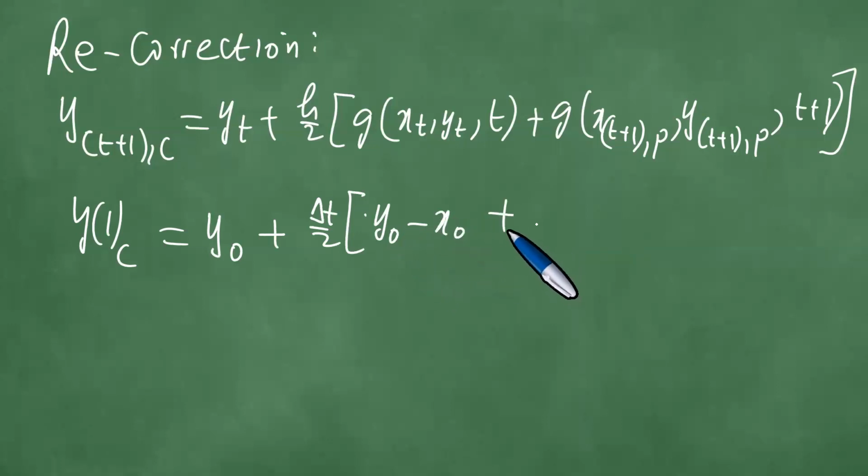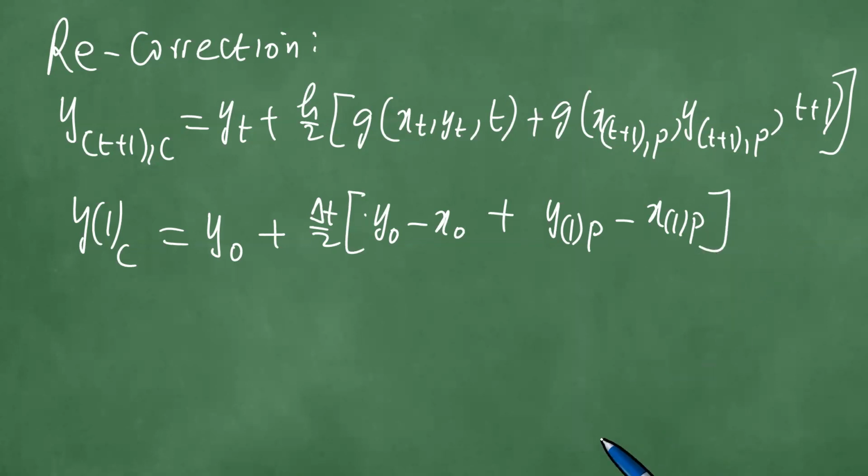And then it's going to be plus, so even this one here is going to be y1 predictor minus x1 predictor. y minus x, like this. So what is the answer to this?